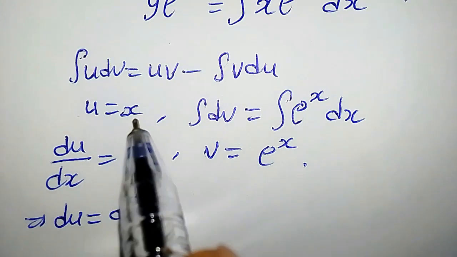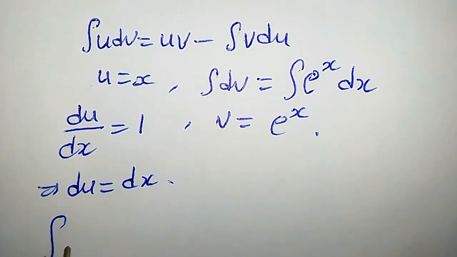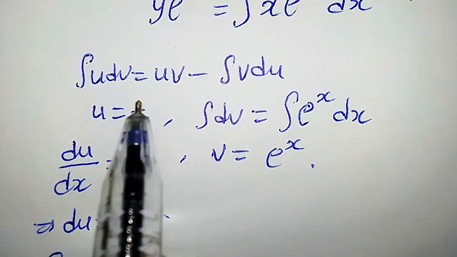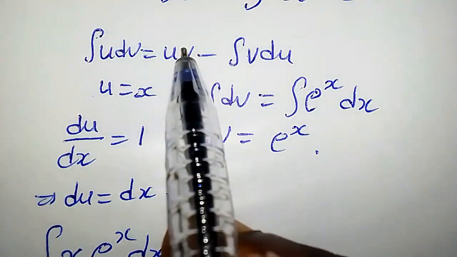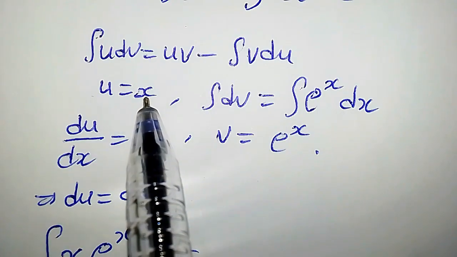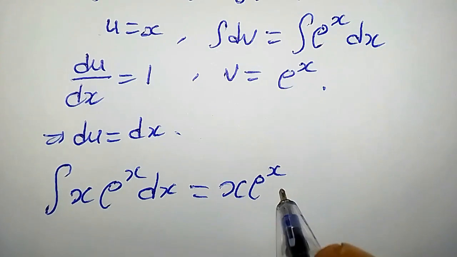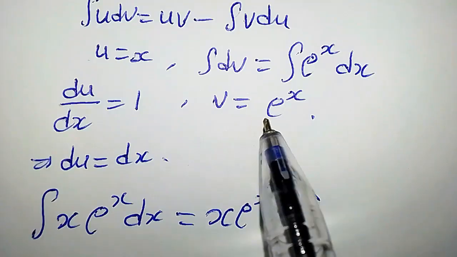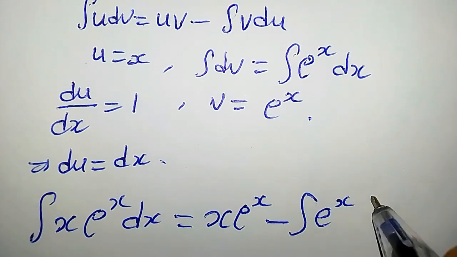Now let us input all these values into this right hand side. So that means integral of x times e to the power of x dx. That is, our u is x and our dv is e to the power of x dx. This is equal to uv, that is the product of x and e to the power of x, minus integral of v du, that is e to the power of x times dx.